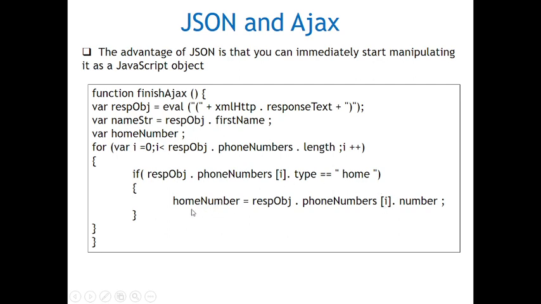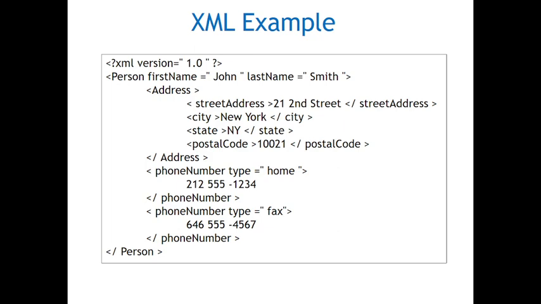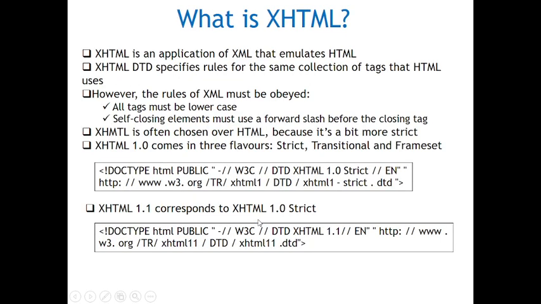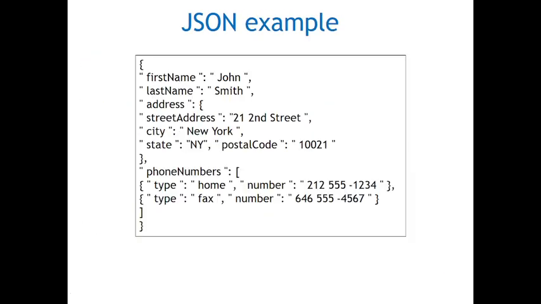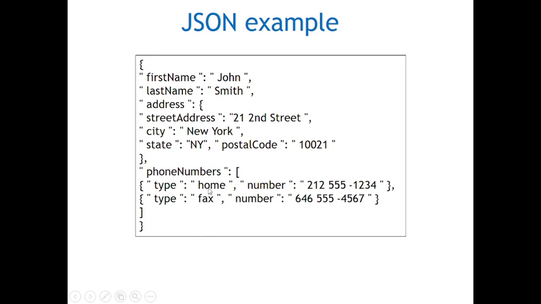What is your home phone number? Here you have different types of numbers. See this one, home. This is fax. So whichever phone number you have, that I am trying to display. So if the type is home, it will give you this number.